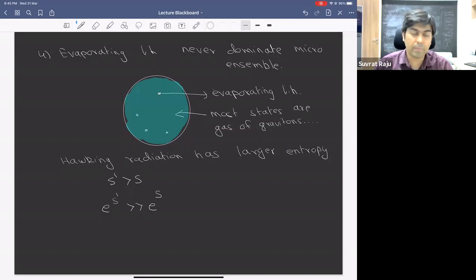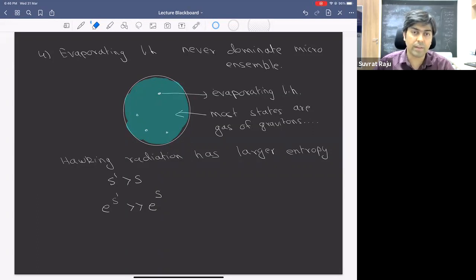In that regime, small AdS black holes behave like flat space black holes, and it is still true that they never dominate the microcanonical ensemble. Rather, what does dominate the microcanonical ensemble is a gas of gravitons and other kinds of excitations. This is always true for black holes in flat space, because the volume of flat space always wins over the fact that the black hole itself has a large entropy.